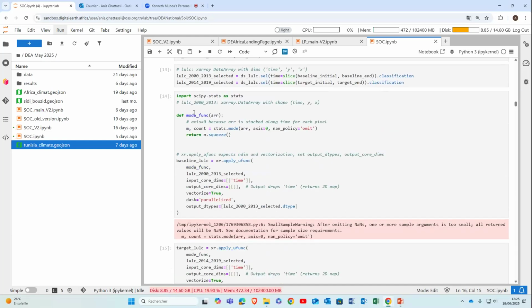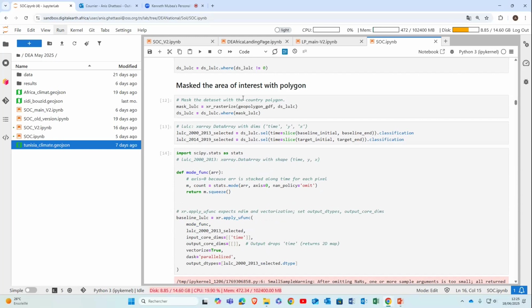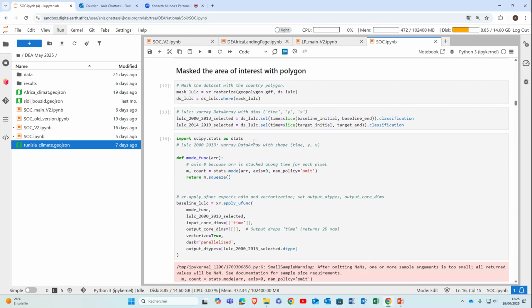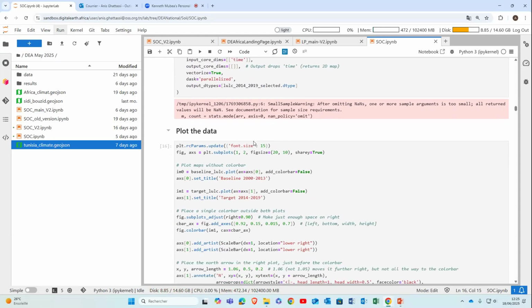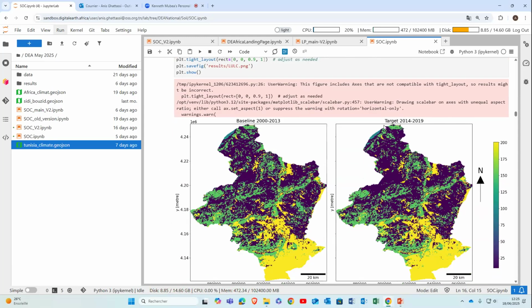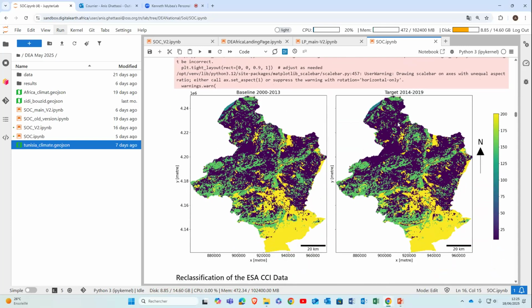After that, we applied a mask to the area of interest, as I said, which is related to the GeoJSON file polygon, and then we plotted the data into two maps that show the two periods: the baseline period from 2000 to 2013, and the second one from 2014 to 2019.